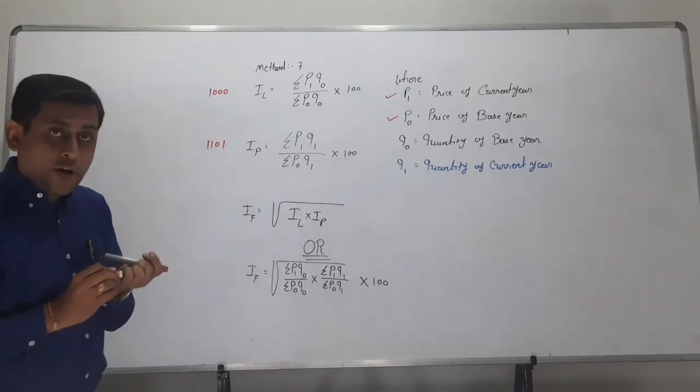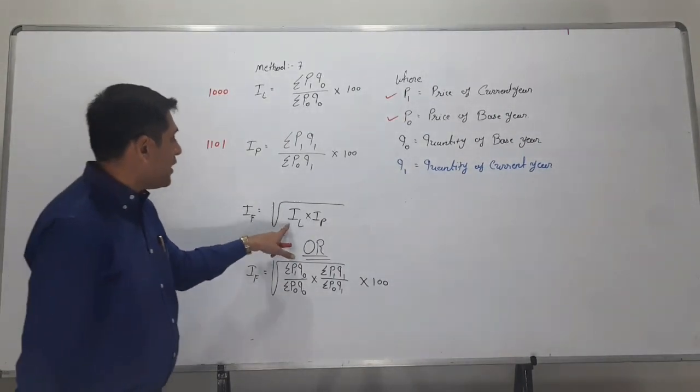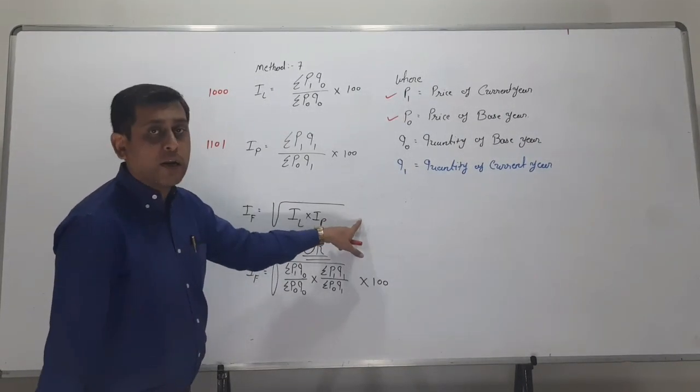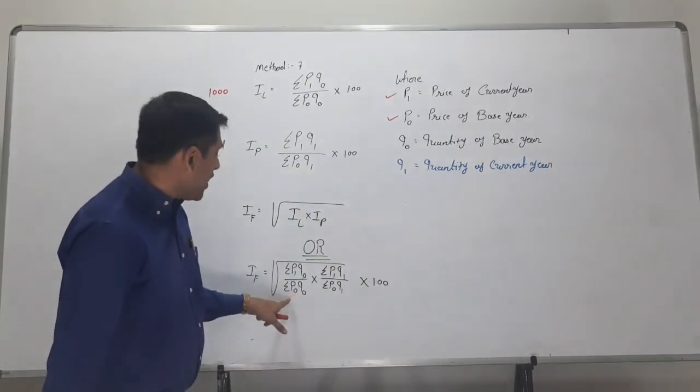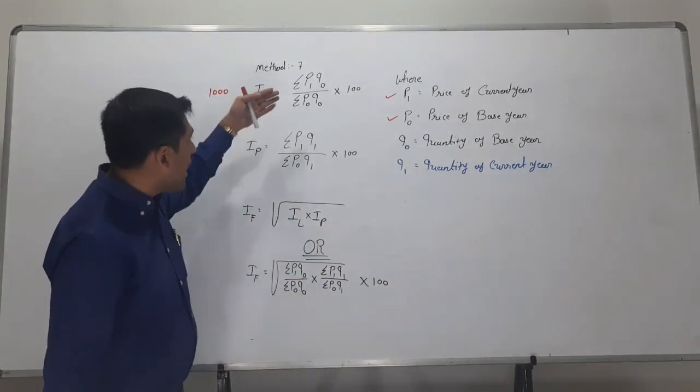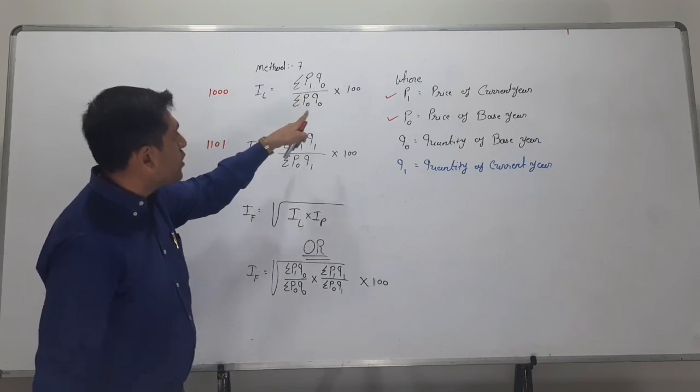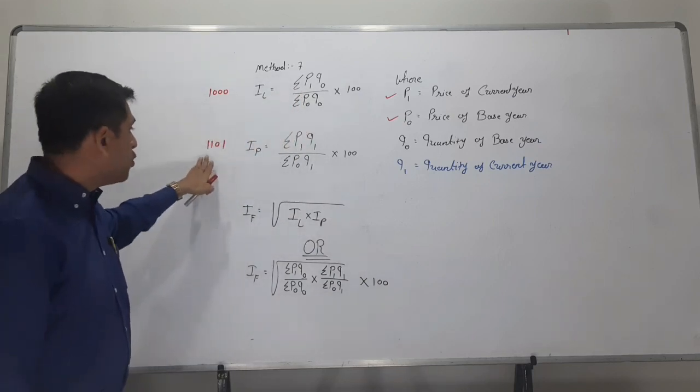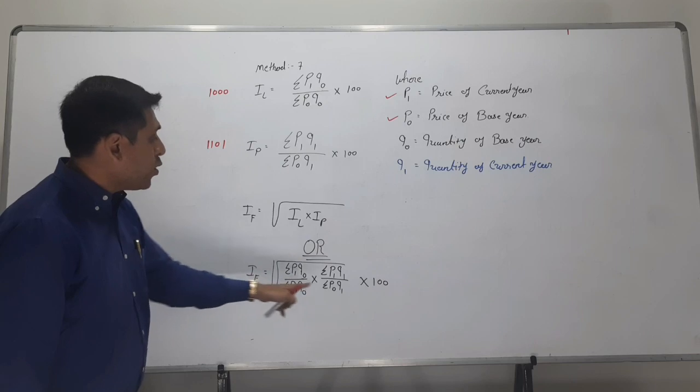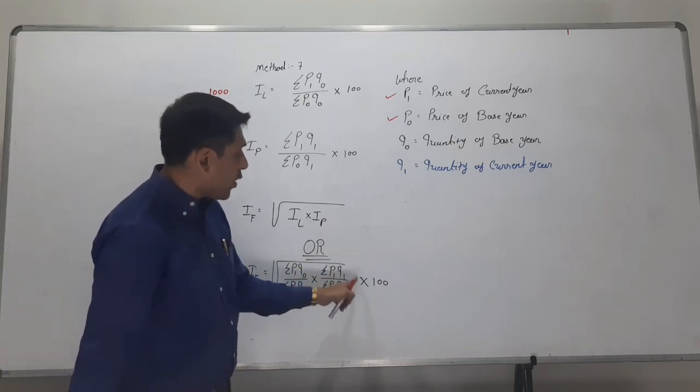Here, see the difference. Whenever you are writing this formula, you don't have to multiply 100 here. But whenever you are writing this formula, that means directly the P1 Q0, P0 Q0, that is 1000 into 1101, then you have to multiply 100 after the square root.